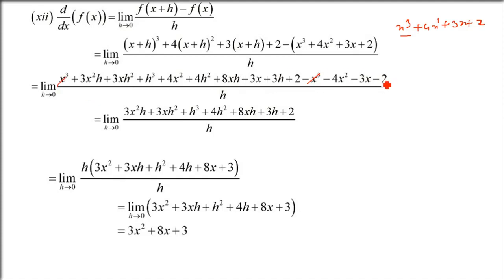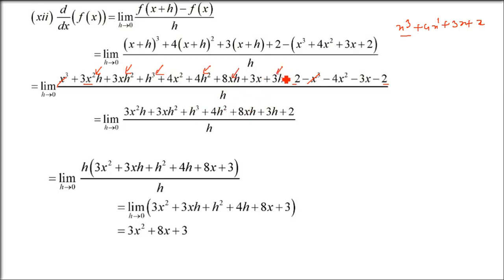x cube gets cancelled, 3x square h remains, 3x h square remains. Then 4h square also remains, 8xh also remains, 3h remains, and 2 will not remain. 2 gets cancelled. So there is an addition of 2 which is wrong, I'm just going to change it.